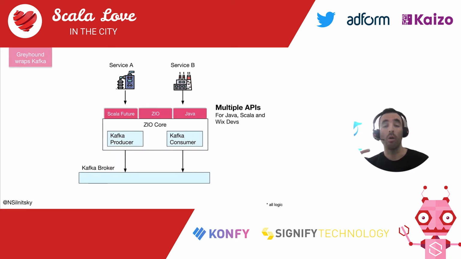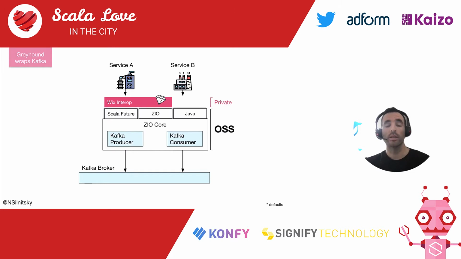Now, for open source, we wanted to have as much access as possible, so we support multiple APIs. Because the logic is written in ZIO, we have a ZIO API, but we also offer a Scala Future API and a Java API as well. At Wix, we also have a Wix interop layer that has all the defaults required for how Wix services use Kafka, so that services won't need to re-implement that again and again.